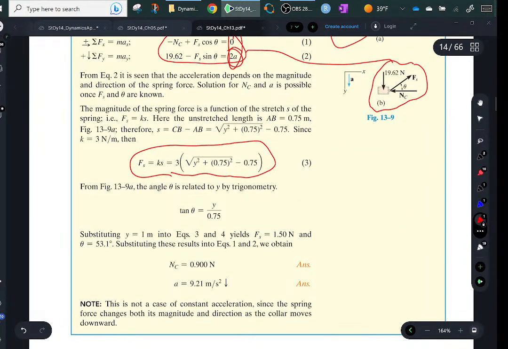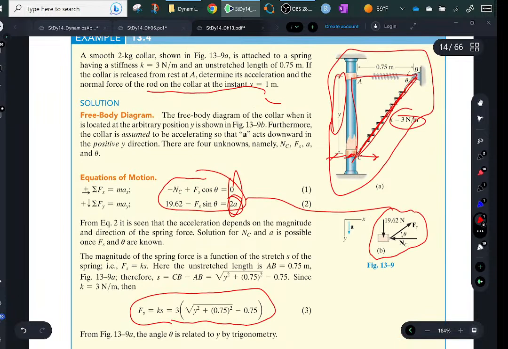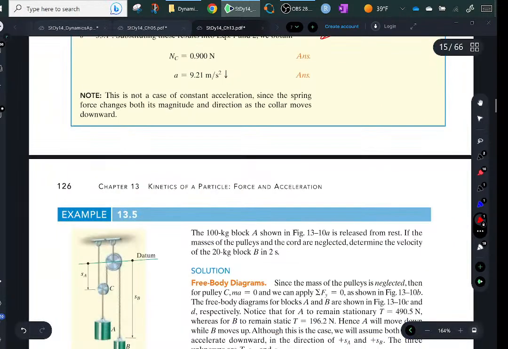And he works the thing out. Now, what we'll do, I'll come back to this one when I get to the energy methods, because this one could be complicated to the degree that it's almost not doable in this section. But when it comes to energy methods, it's really easy to do.